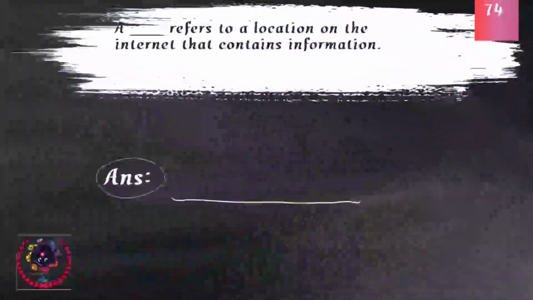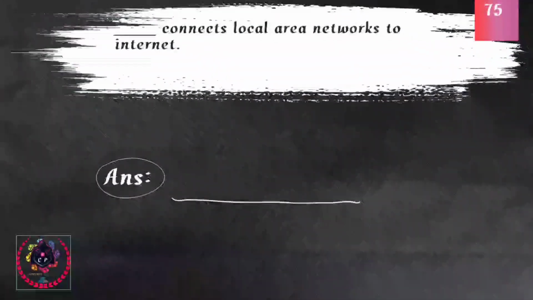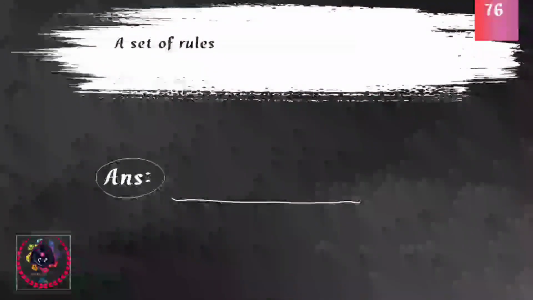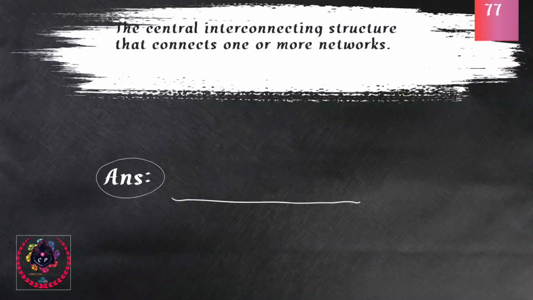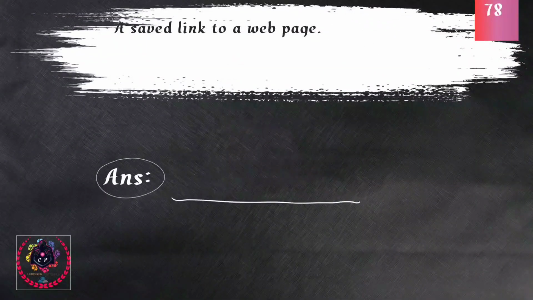A web page refers to a location on the internet that contains information. A leased line connects a local area network to the internet. A set of rules is a protocol. The central interconnecting structure that connects one or more networks is the backbone.